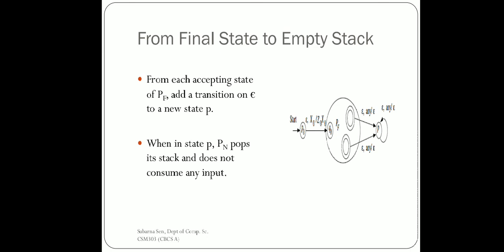Whenever it reaches the final state, automatically the stack will get emptied, but we have to establish it diagrammatically or theoretically. That's why we are incorporating one more step to make it clear that whenever it has reached P of F, with the help of an epsilon transition, there is no consuming of input and no change to the top of the stack. We are just coming to the conclusion that my stack has got emptied.